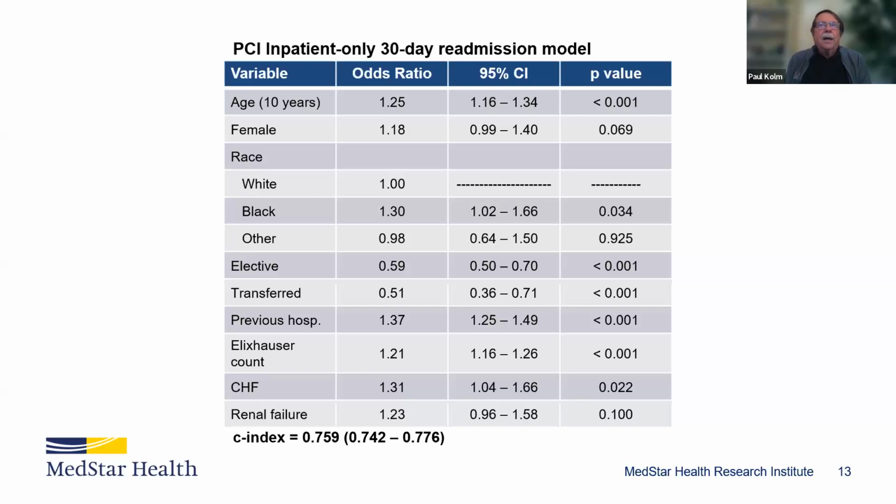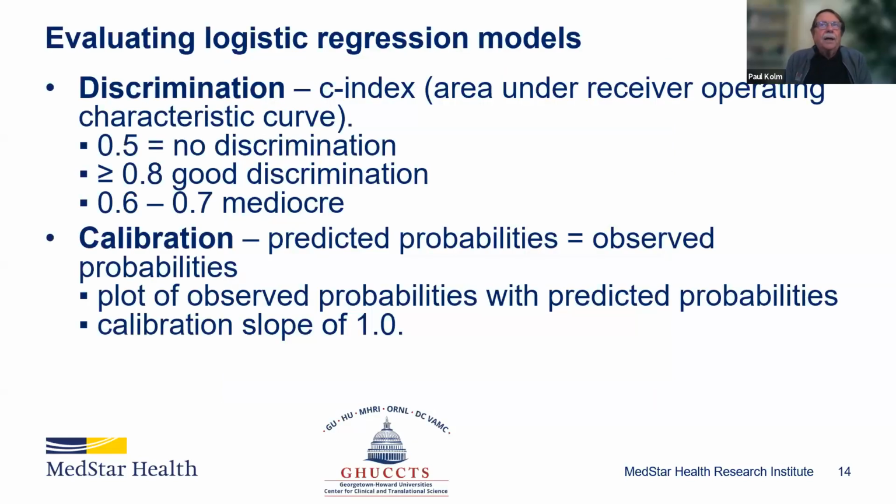Well, there are two measures that we want to look at when we evaluate logistic regression models, and that's discrimination and calibration. Discrimination means that our model, however many variables we have in it, is good or not good at discriminating between those who experience the event and those that don't.